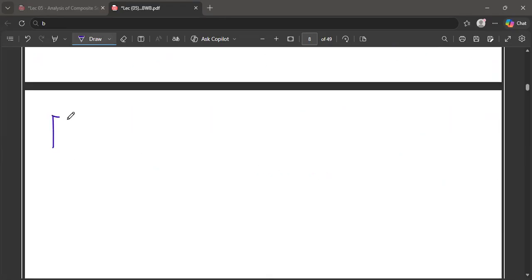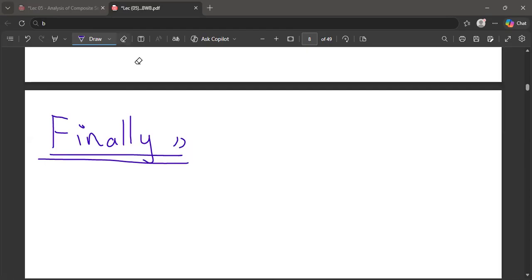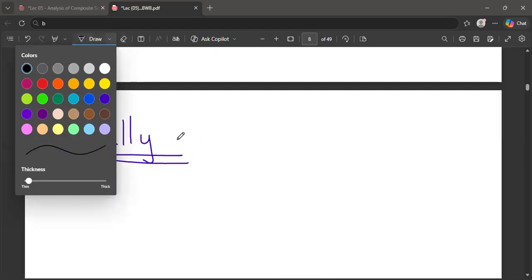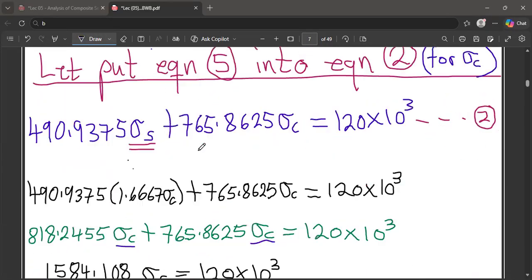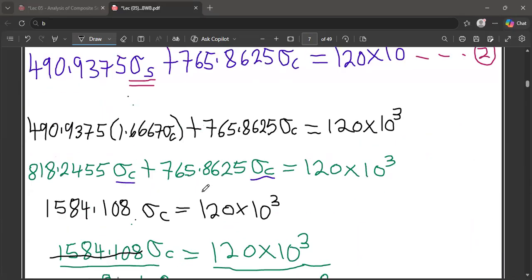Okay, so now we said that what? Finally, we can say that from equation 5.